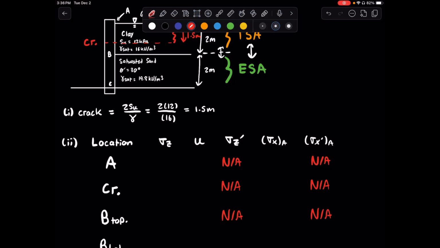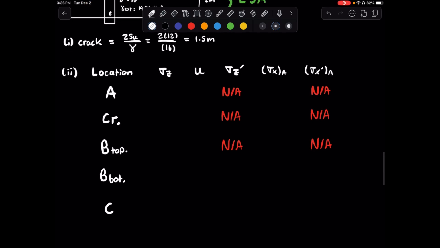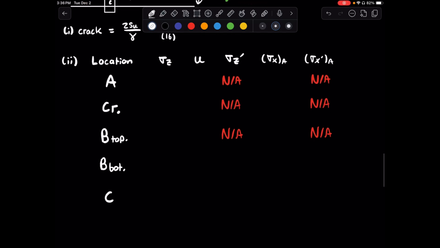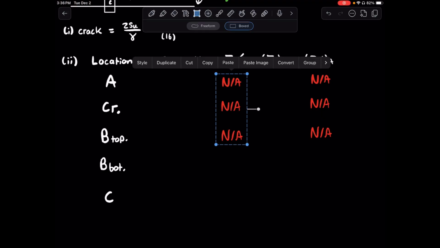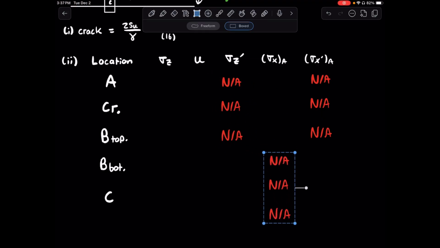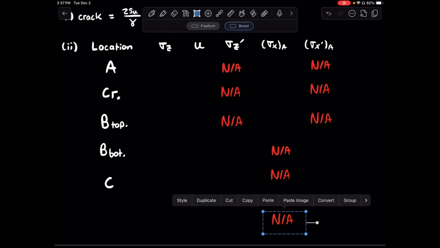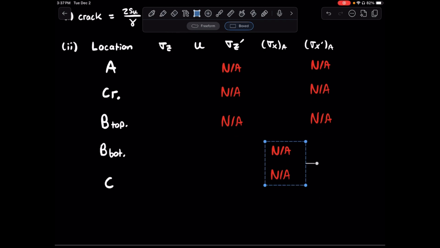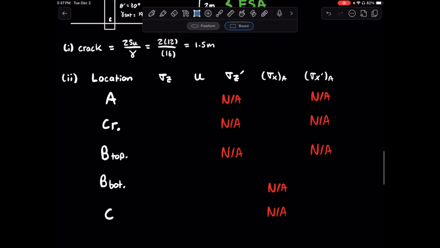We can automatically eliminate those. Likewise, for the effective stress, are we going to consider total horizontal stress? No, we're just going to consider the effective horizontal stress. So we're going to have no entries for the sigma XA.